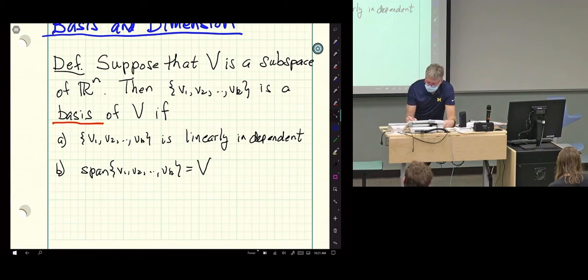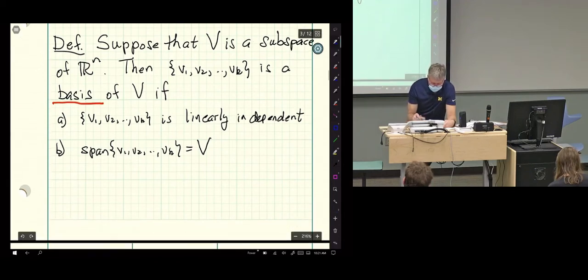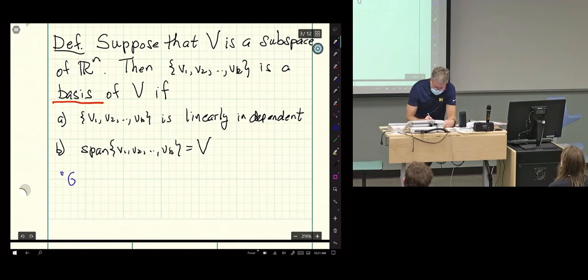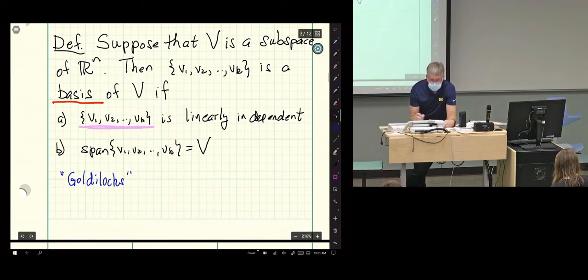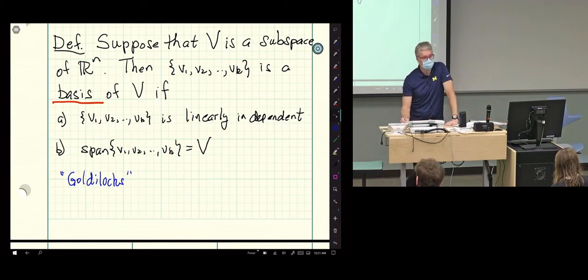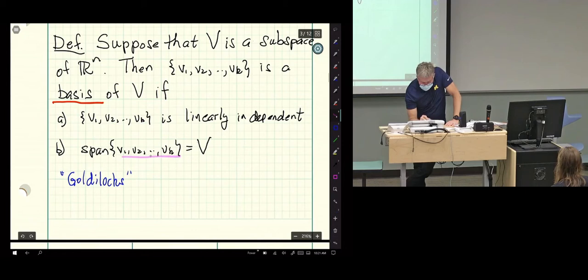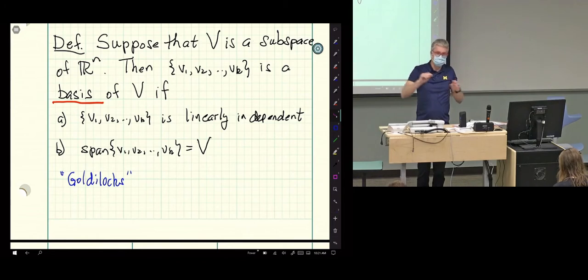Okay, so I like to think of this as like a Goldilocks thing. The porridge is not too hot and it's not too cold. What do I mean by that? It's not too big, so it's small enough to be linearly independent. Or throw in extra vectors, it becomes dependent. So that's the Goldilocks thing. It's small enough that it's linearly independent, yet it's big enough that I can generate everything in V. So if you have that concept, it's easy to remember what these things are, these little mnemonics.